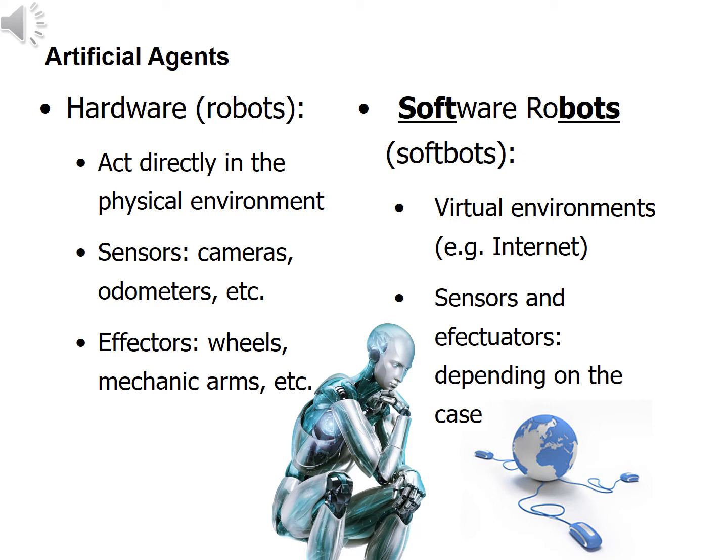Their sensors are well-known: cameras, lidars, odometers, etc. They have actuators: wheels, grippers, mechanical arms, etc. While softbots or software agents work in virtual environments, as we said before, in the internet, and their sensors and actuators depend on the case in which they are.